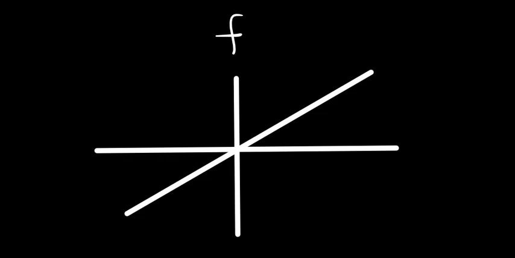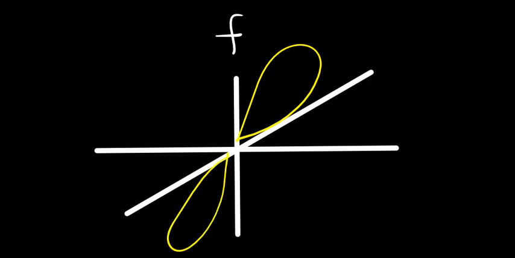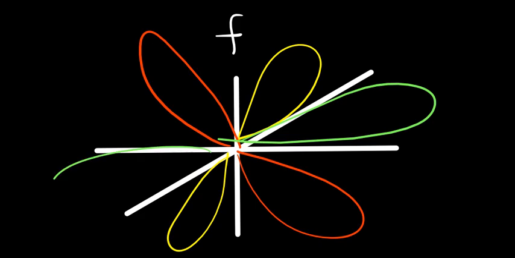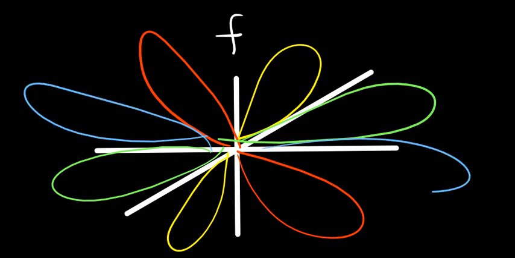You can have one in this direction, you can have another one, another one there, another one, like a lot of them. Basically that. That's just an illustration of an F orbital.